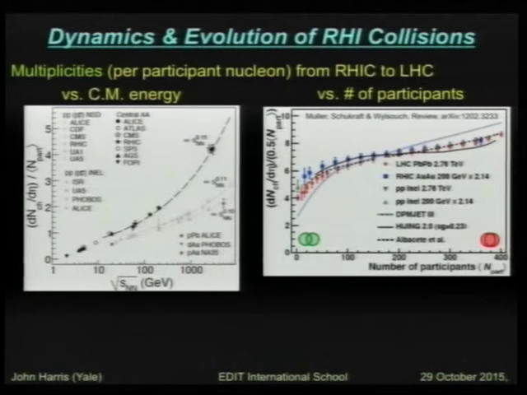Now, the thing that's interesting, if you plot versus what I will call centrality or impact parameter, you see the largest number of participants, the largest number of nucleons that are overlapping, or the smallest impact parameters, as designated by this symbol here, as compared to more peripheral, which has less overlap, lower number of participants.